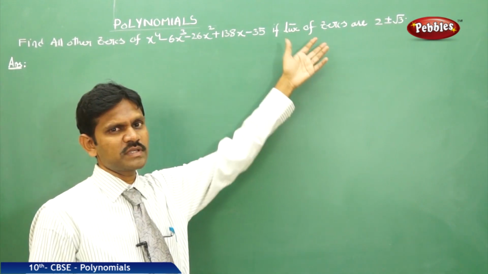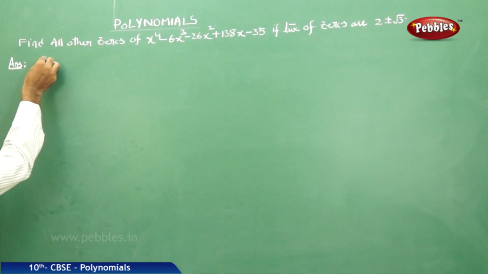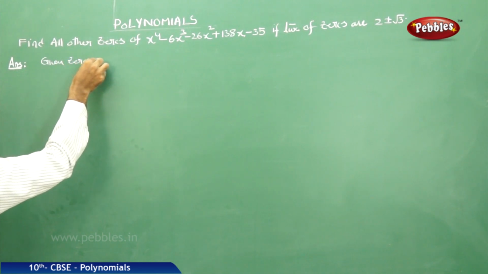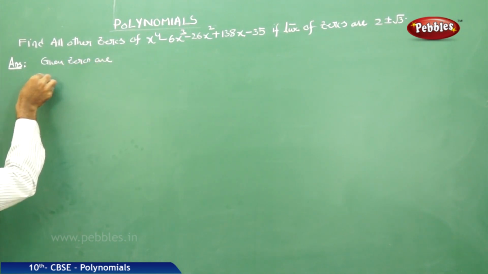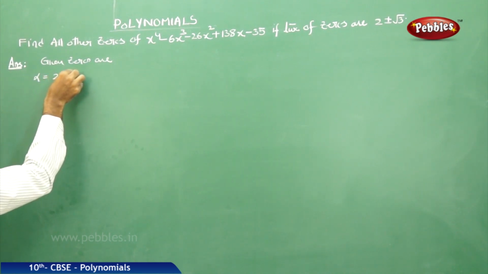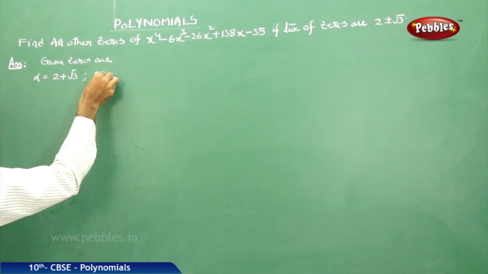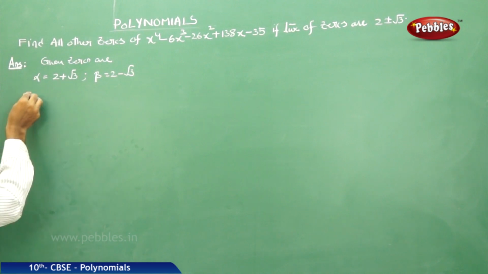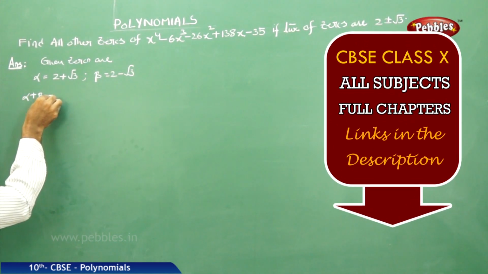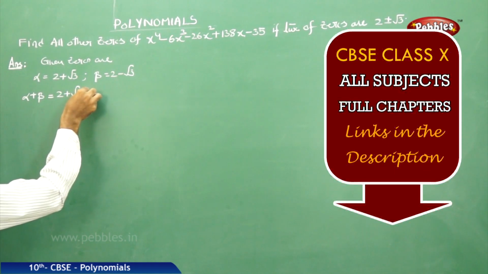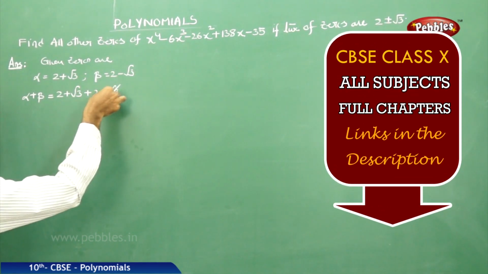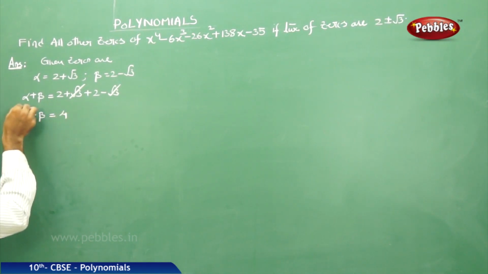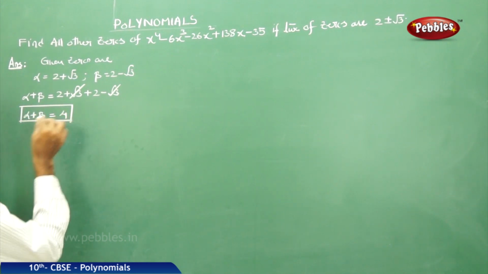Out of these, 2 are given, 2 plus or minus root 3, that is, given zeros are alpha is equal to 2 plus root 3, beta is equal to 2 minus root 3, that is alpha plus beta is equal to 2 plus root 3 plus 2 minus root 3. Root 3 gets cancelled, alpha plus beta is equal to 2 plus 2, nothing but 4. This is alpha plus beta.